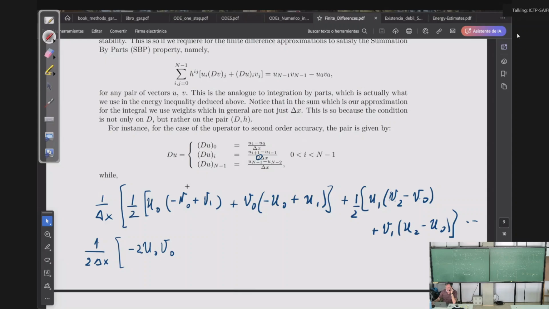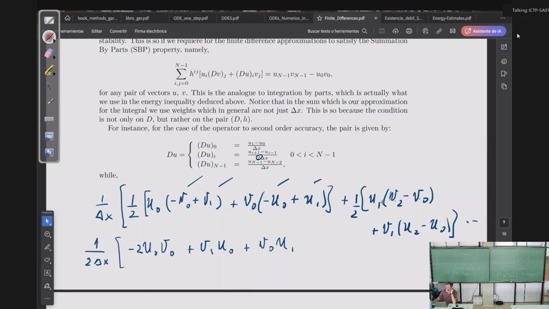So this is this term and this term. Then I have a plus B1 U0, which is this one, plus B0 U1, which is this one.